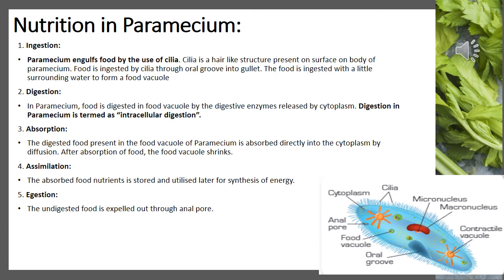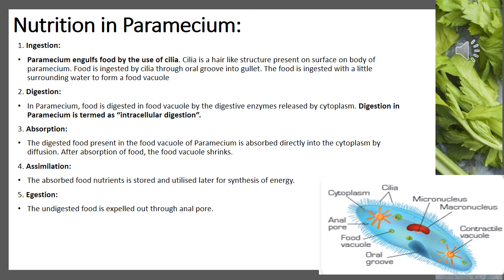The second step is digestion, where the food in the food vacuole gets digested with the secretion of digestive enzymes released by the cytoplasm. This digestion in Paramecium is termed intracellular digestion. And then the third step is absorption. The digested food present in the food vacuole gets absorbed directly into the cytoplasm by the process of diffusion.